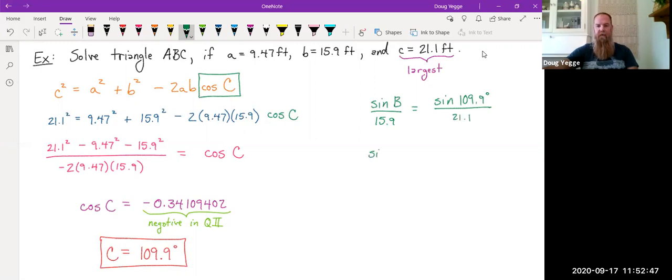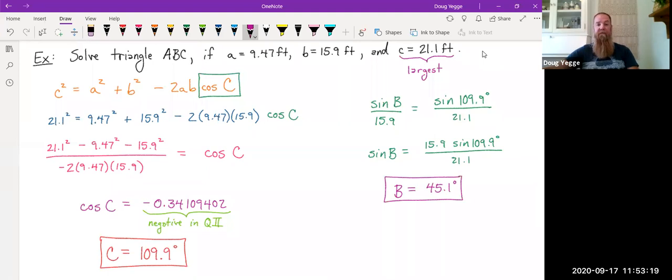So to isolate sine B, we're just multiplying by 15.9 on both sides, which gives me 15.9 times sine of 109.9 degrees over 21.1. And therefore, when I calculate the inverse of that quantity, we see that angle B should be equal to 45.1 degrees. Okay, and there is angle B.